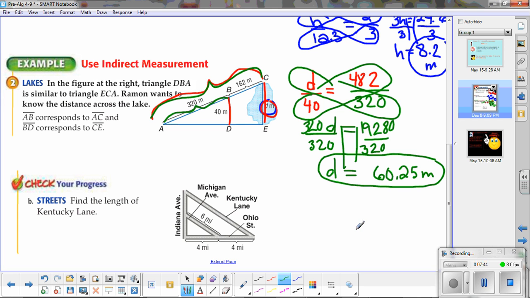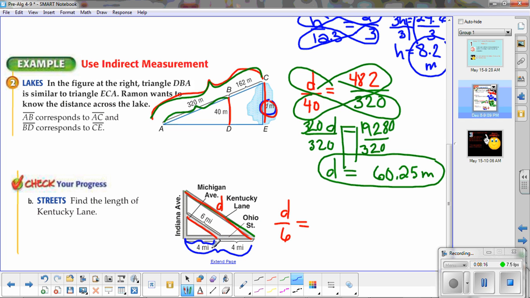It says find the length of Kentucky Avenue, or sorry, Kentucky Lane. So Kentucky Lane is this one right here. So this road matches up with this one right here. So if I don't know this distance, that distance is going to match up with 6 in the smaller triangle. Now since I did big compared to small, I'm going to do big compared to small.